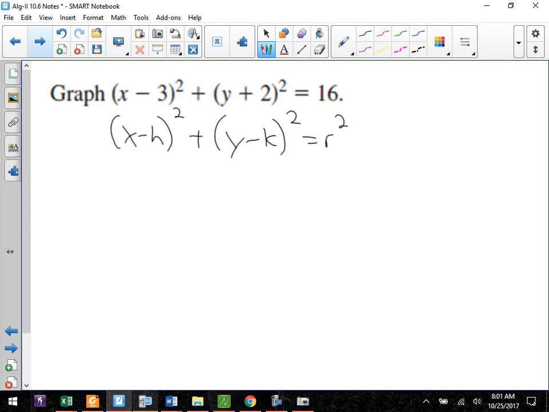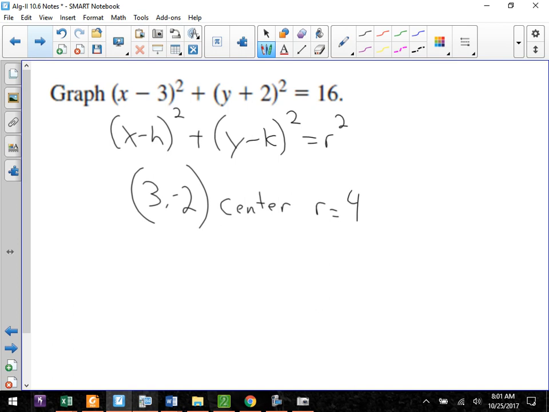Correct. So where's our h and k? Our center is going to be located at, okay, there's our center. And our radius, you just told me, was 4. Okay. So working with the circle, it's really easy. So now how do you graph it?